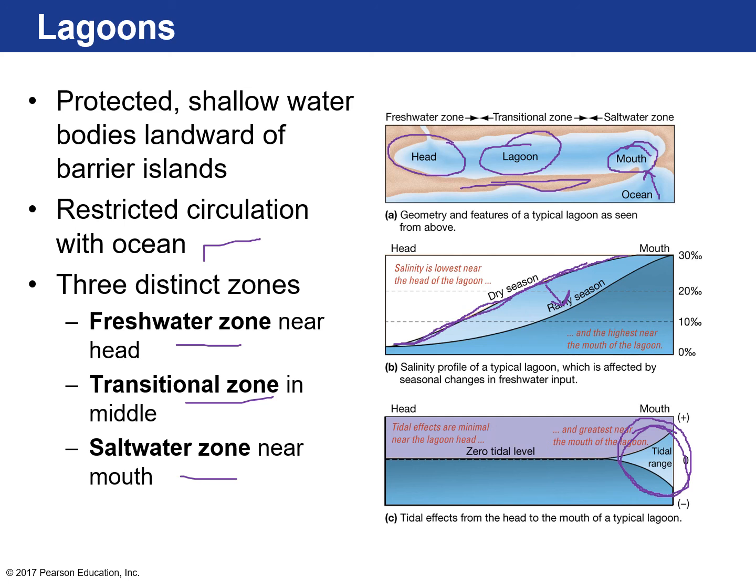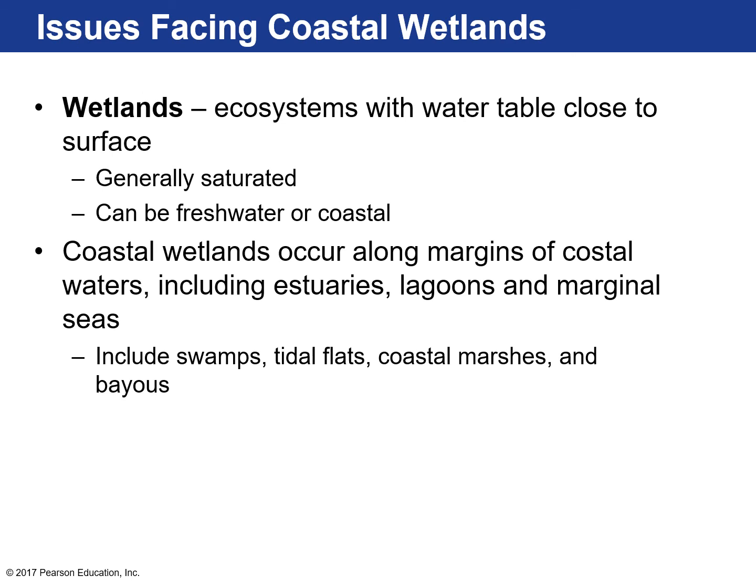But these are interesting environments because you have a lot of salt-tolerant marine organisms and plant organisms that live in these areas. And we refer to those as wetlands. Those are ecosystems where the water table is very close to the surface and the ground is typically saturated with water.